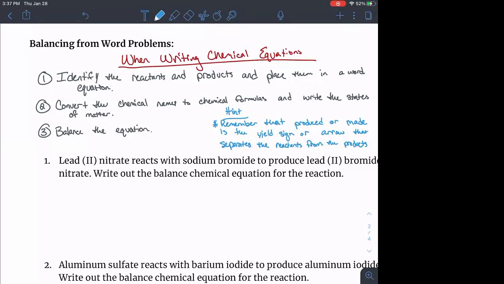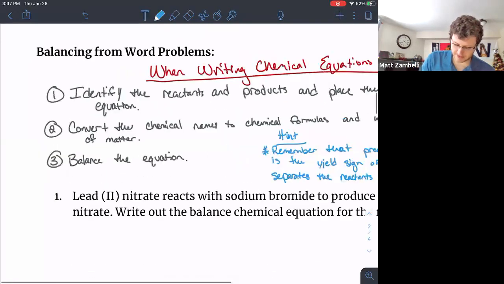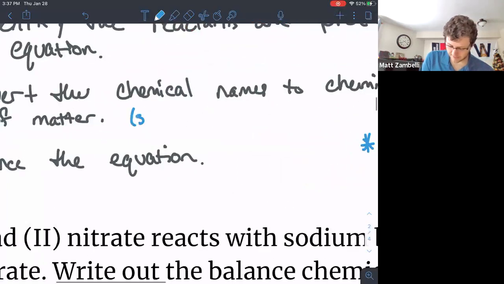Gas. Gas, perfect. Our 3 states of matter, wonderful. So that might even be something we want to write down here. We have solid, liquid, and gas.